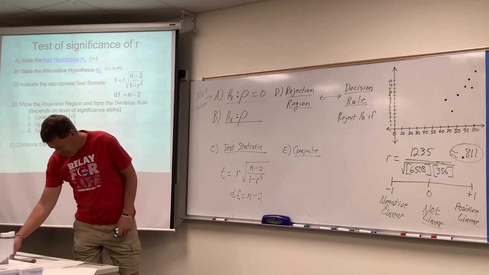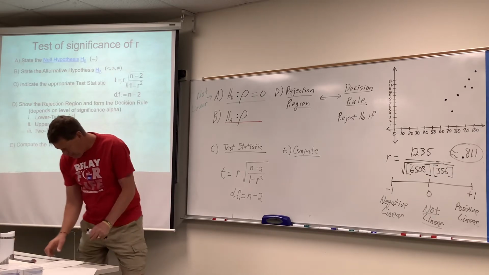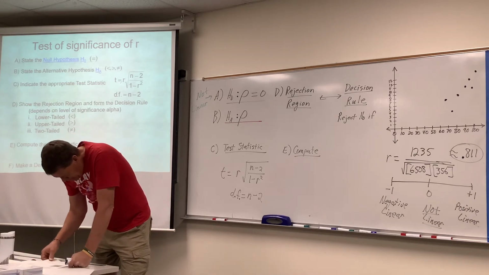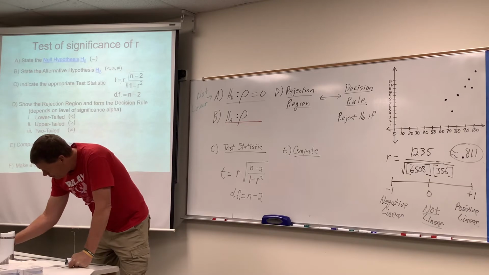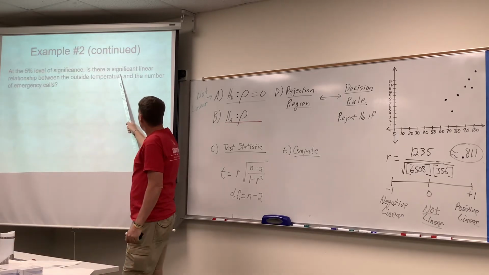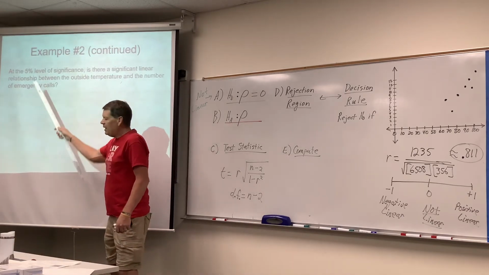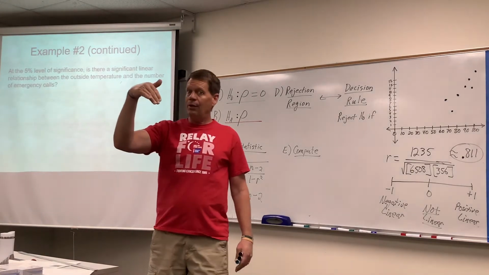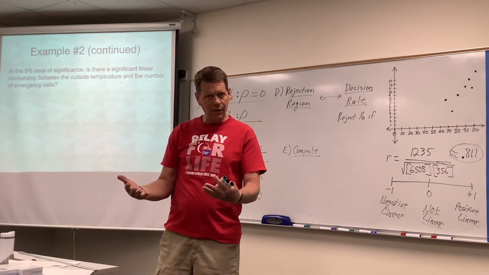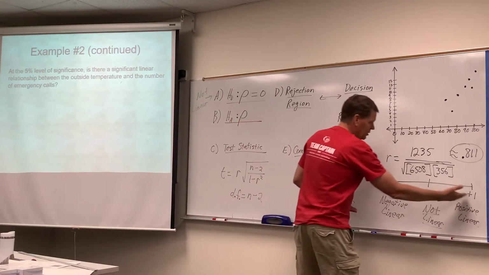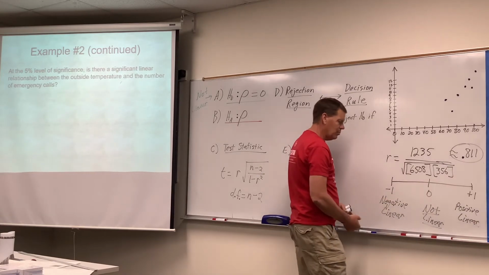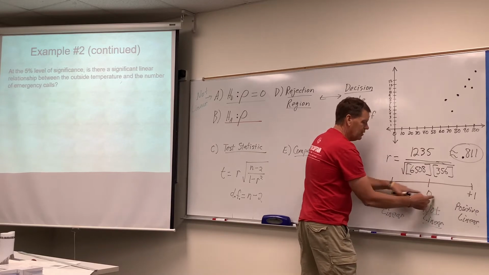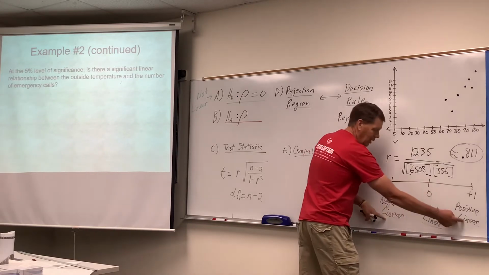All right, now the alternative. Here's the thing on this one, which is a little different from example number 1. So be careful when you read these. This says, is there a significant linear relationship? Did it specify positive linear or negative linear? No, it just said linear. So if you go back to this continuum that shows you the values that R could be, I want to remind you that the more you deviate from 0, the more linear you are.